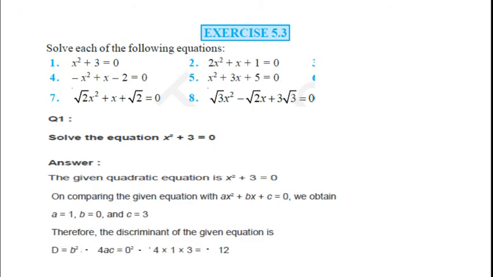Now let us do some questions. This is the first question: x square plus 3 equals 0. When you compare it with the standard form of the quadratic equation ax square plus bx plus c equals 0, we have a equals 1, b equals 0 because there is no term containing x, and c is 3. Then D is b square minus 4ac, that is 0 square minus 4 into 1 into 3, so it is minus 12.